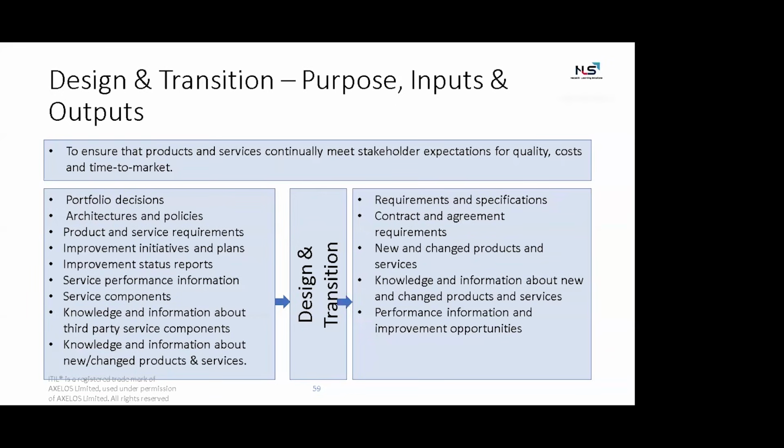So portfolio decision. What all inputs do we have for this stage or phase? Portfolio decision, architecture and policies, product and service requirements, improvement initiatives and plan, improvement status report, service performance information, service components, knowledge and information about third party services, knowledge and information about new or changed products and services.